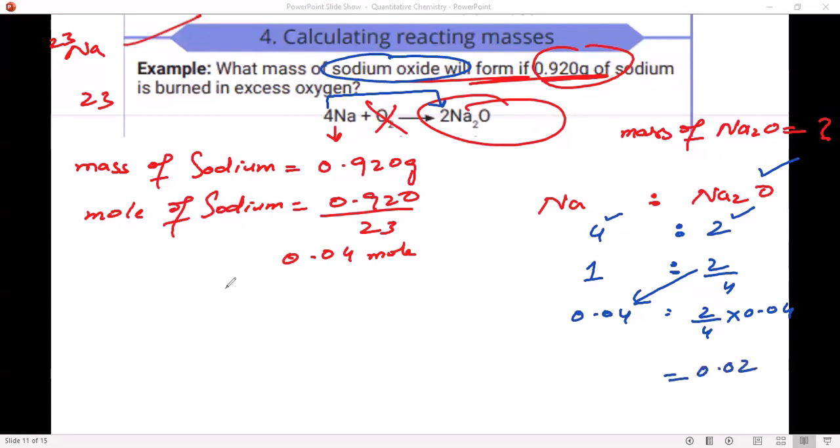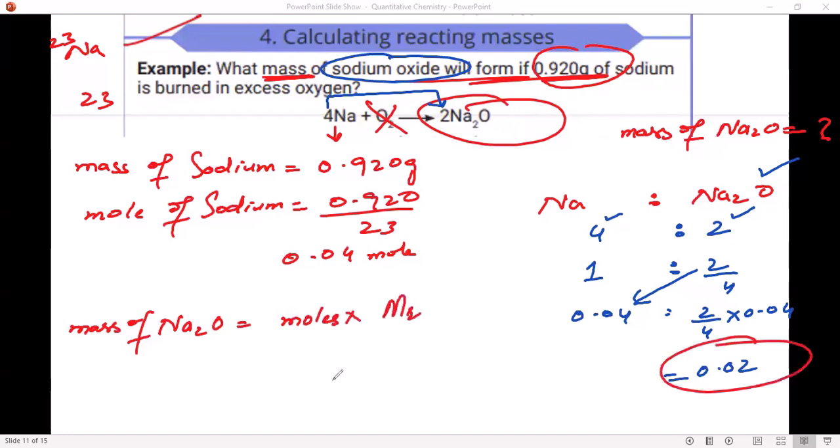Is this my answer? No. Why no? Because I need to find mass. So for the mass of sodium oxide, we multiply moles with Mr. I have the moles of sodium oxide, but I don't have the Mr. I can find Mr. Is it tricky?